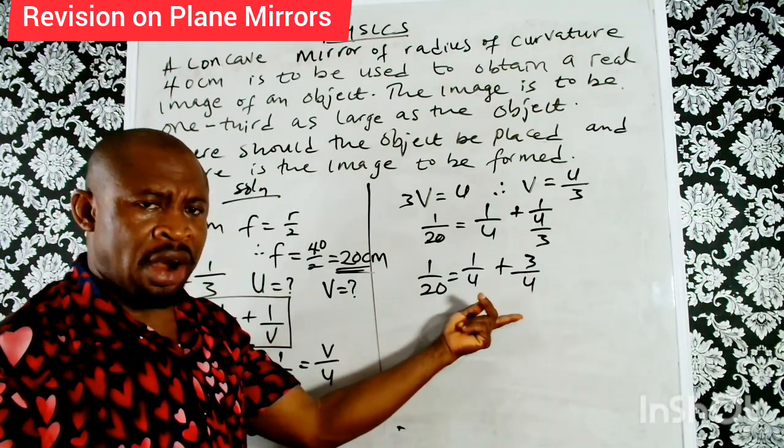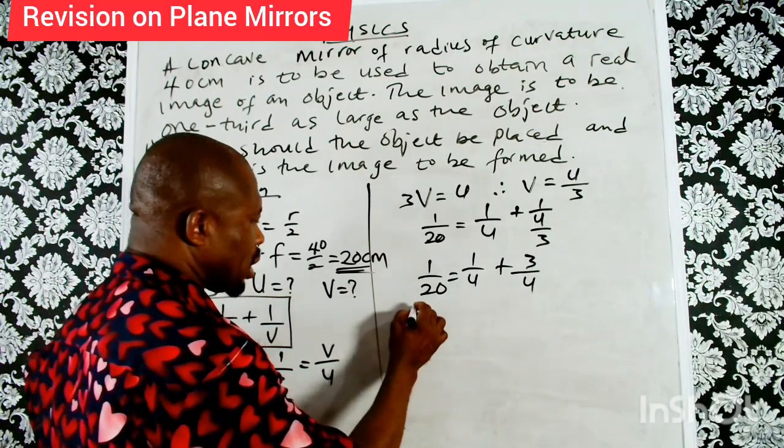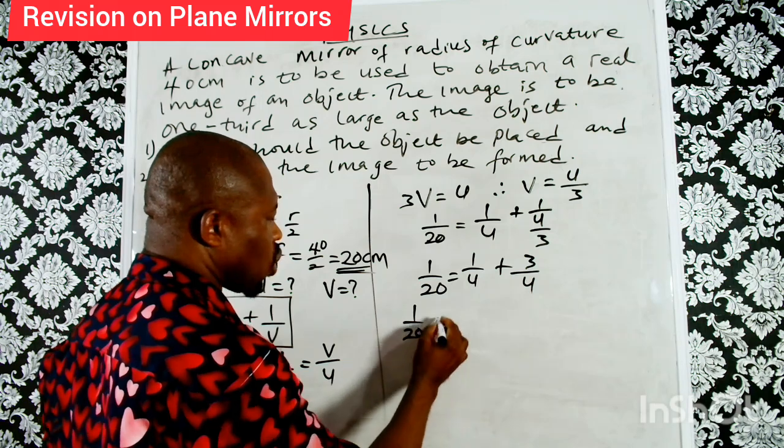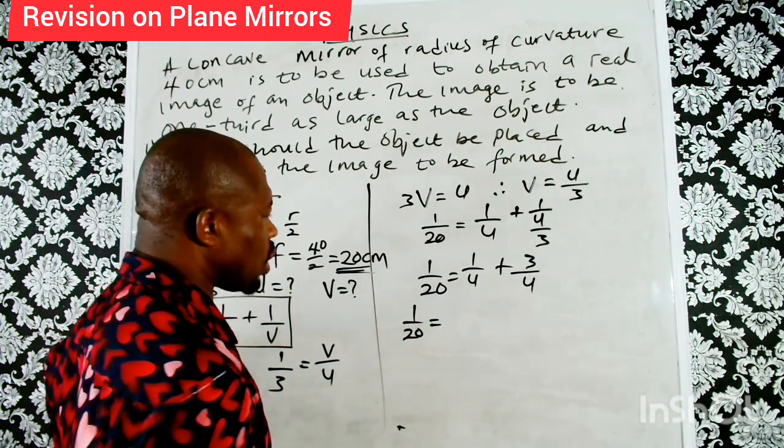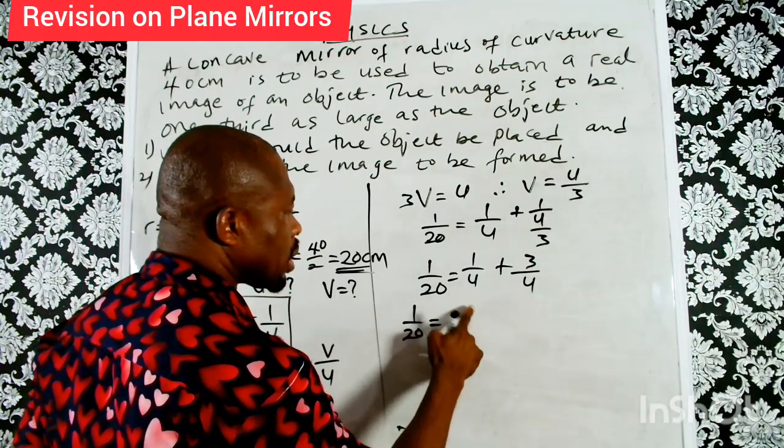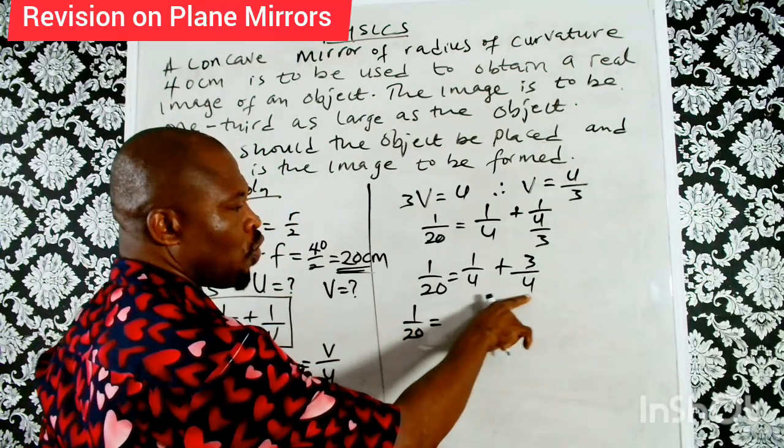At this point, we can carry out the mathematical multiplication here, which will give us 1 over 20 is equal to the LCM of these two variables here.